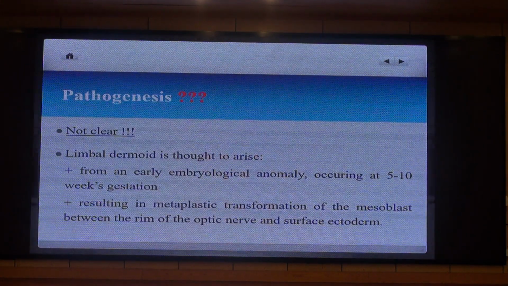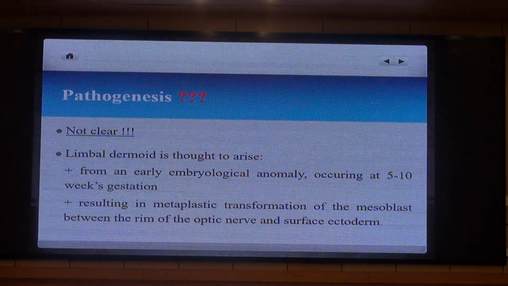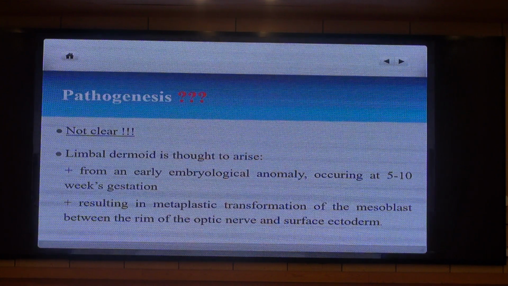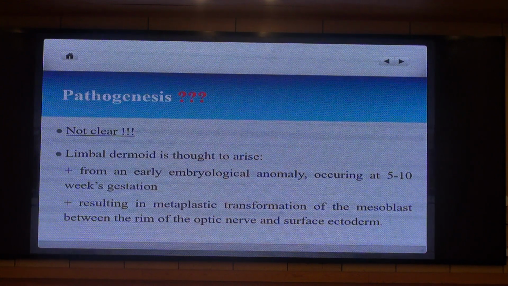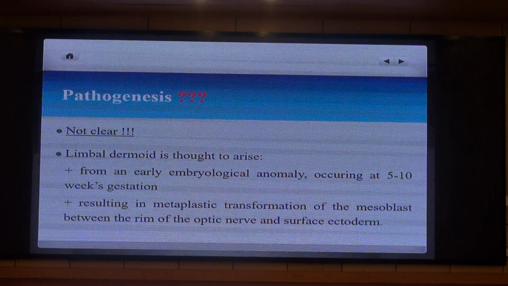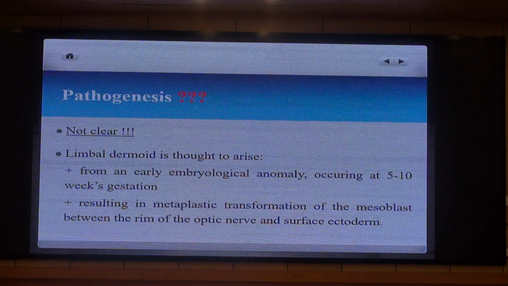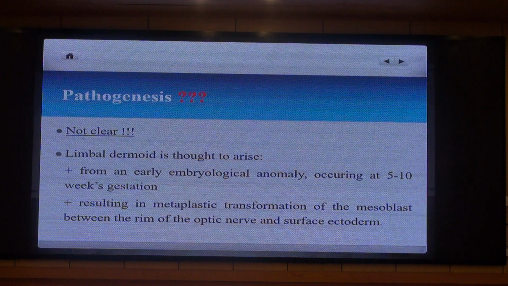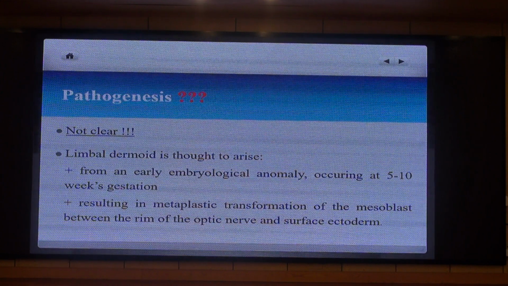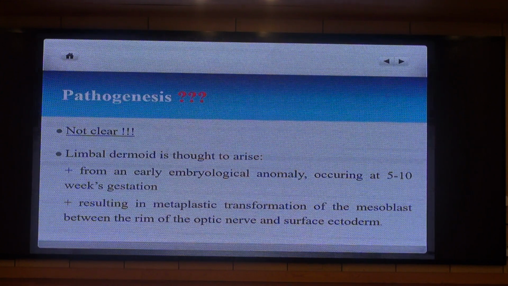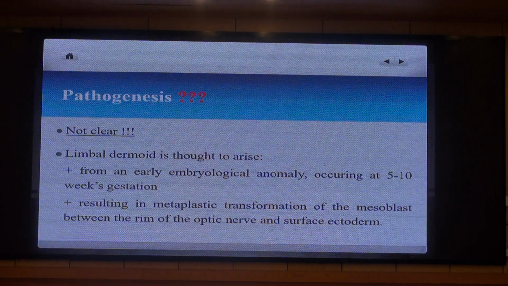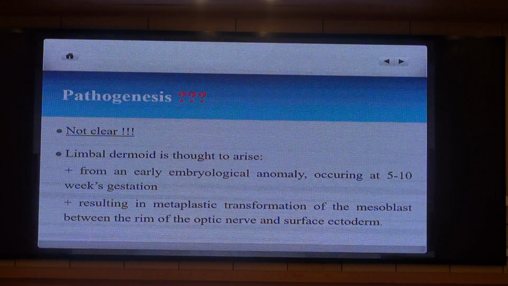About the pathogenesis, it is not clear now. The limbal dermoid is thought to arise from an early embryological anomaly occurring at 5 to 10 weeks gestation, resulting in metaplastic transformation of the mesoblast between the rim of the optic cup and surface ectoderm.